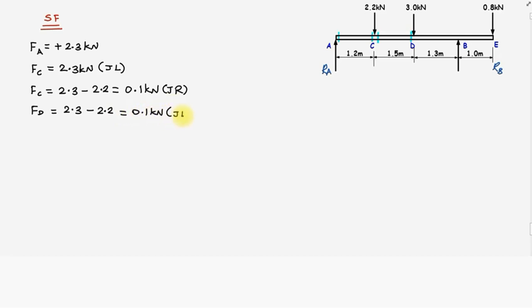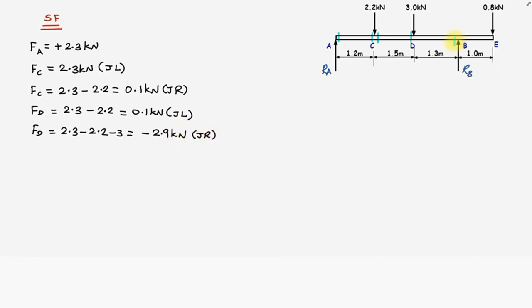This is just left of D. Now coming to the point just right of D. FD is equal to 2.3 kilonewtons minus 2.2 kilonewtons minus 3 kilonewtons. On calculation, we find that it is negative 2.9 kilonewtons. This is just right of the point D.